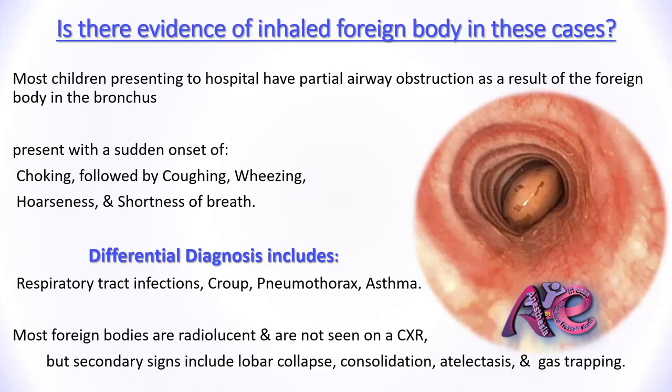Differential diagnosis for these symptoms and signs includes respiratory tract infection, croup, pneumothorax, and asthma. Most foreign bodies are radiolucent and are not seen on chest X-ray, but secondary signs include lobar collapse, consolidation, atelectasis, and air trapping. This can be seen on chest X-ray.